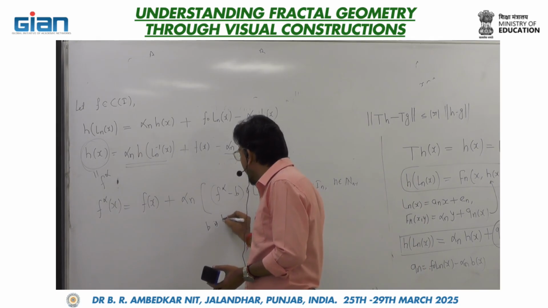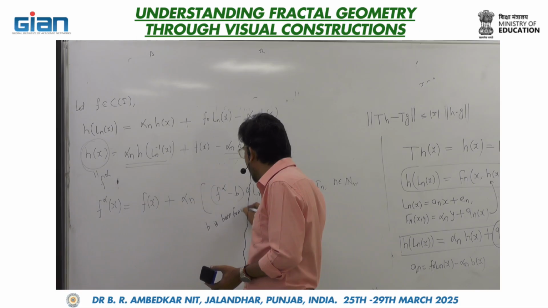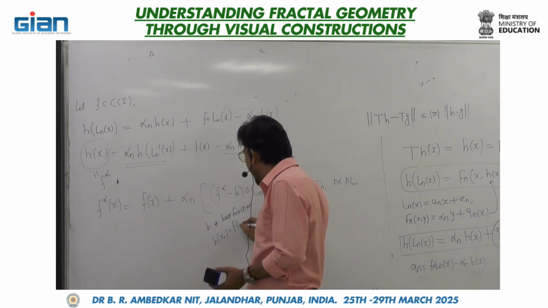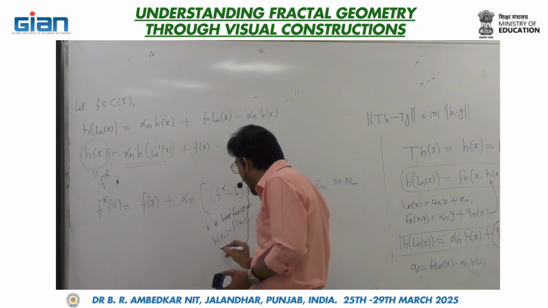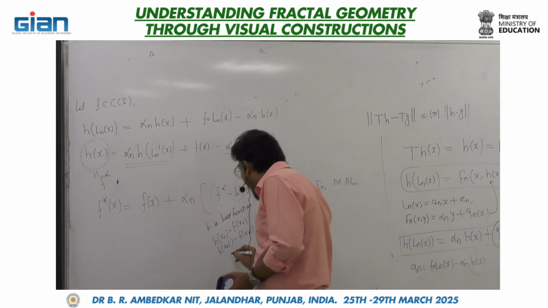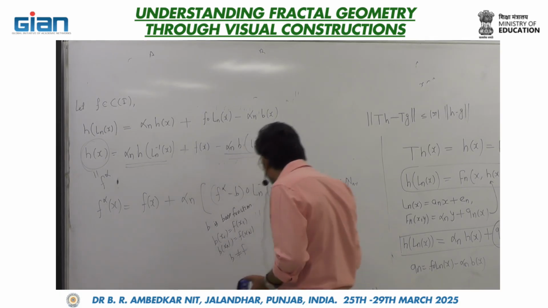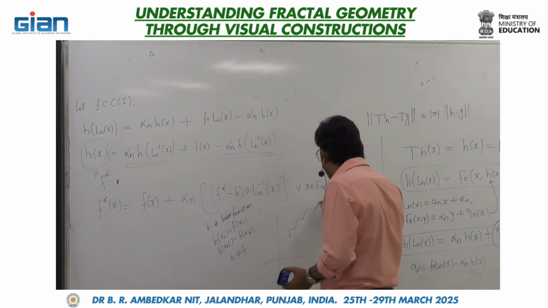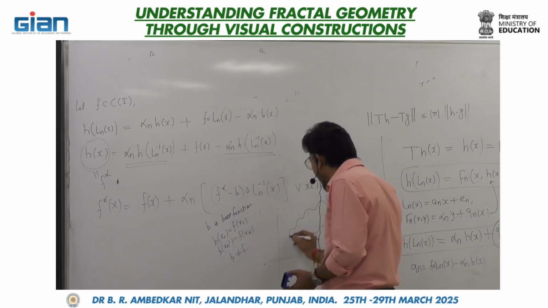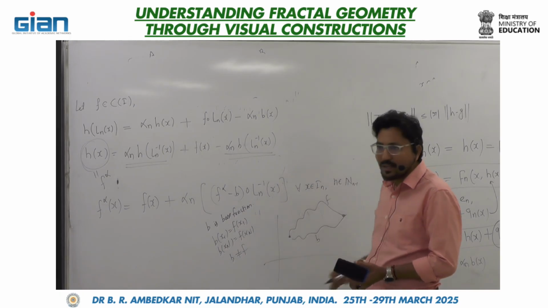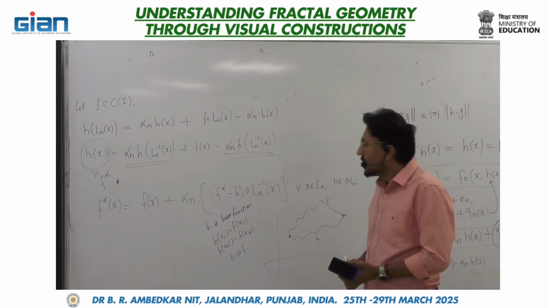B is the base function means b(x1) is equal to f(x1) and b(xN) is equal to f(xN), and b is not equal to f. f can be like this, and b can be like this. They are matching these two points, but they are not equal.